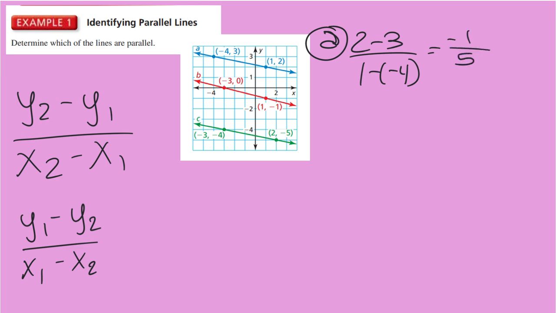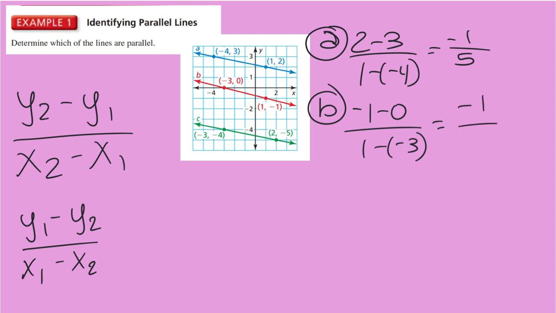So that's going to be our slope. In line B, we have what? Negative 1 minus 0 over 1 minus negative 3. 1 minus 0 gives me negative 1. 1 minus negative 3 gives me positive 4.